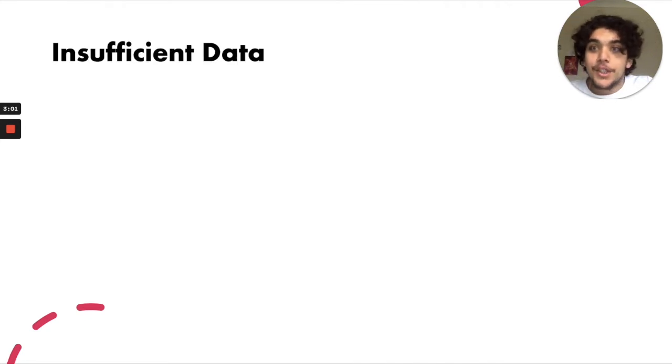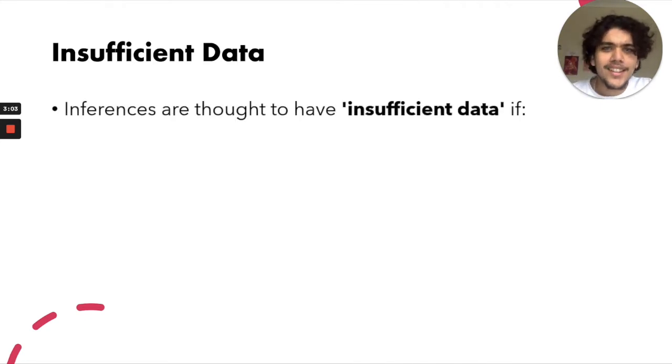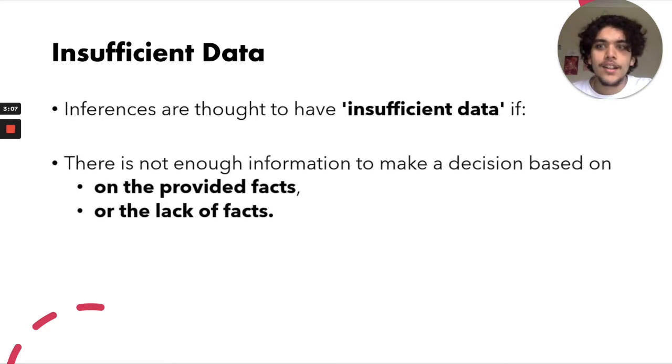And insufficient data. So when can you think of inferences to have insufficient data? Well, you think of them as having insufficient data as there's not enough information to make a decision based on either the facts that you're given or consequently the lack of facts that you're given.